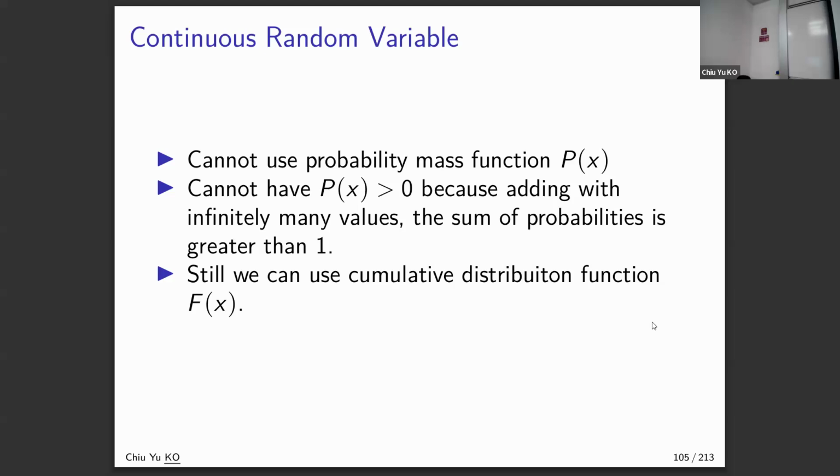Sometimes we care about the number of customers arriving, but sometimes we also care about when the next customer arrives. The time until the first customer arrives is exponential. That is something we want to study.